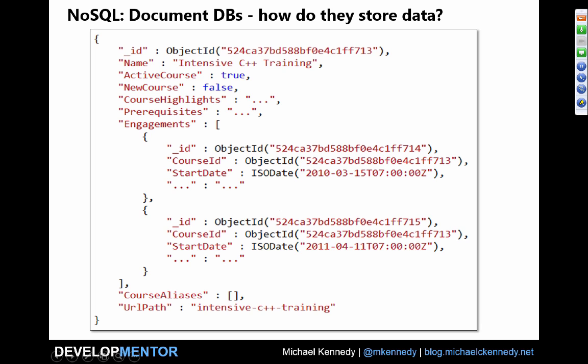You take your objects and you put them into your other objects, right? You create these sort of aggregate roots, and the stuff that is usually grouped together with the aggregates goes actually inside the record. So this is an actual record that I pulled out of MongoDB for develop.com. So if you went and looked at our intensive C++ class, the information you see here is what drives our database, okay?